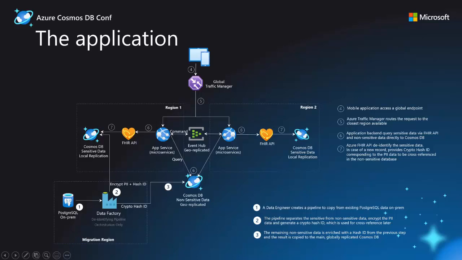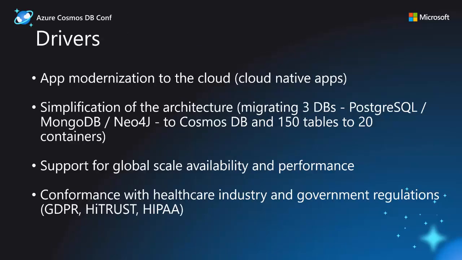So the drivers for this migration were that the customer wanted to modernize the application from, let's say, enterprise scale, tens of thousands of users, to tens of millions of users in the cloud, to make it public, to make it more available, in multiple regions. And that also requires that the application is modernized to become more scalable, so-called cloud native applications.